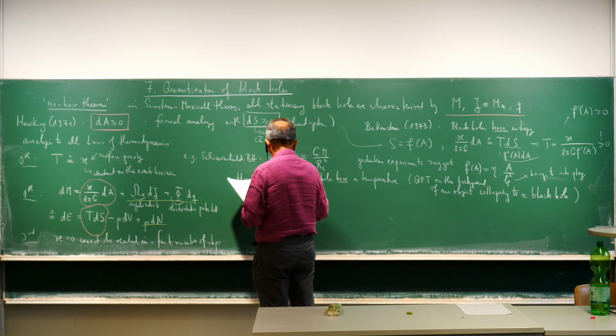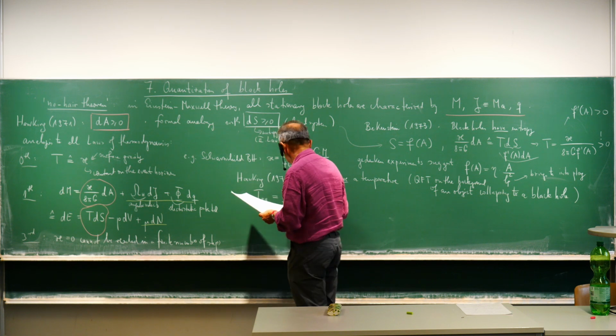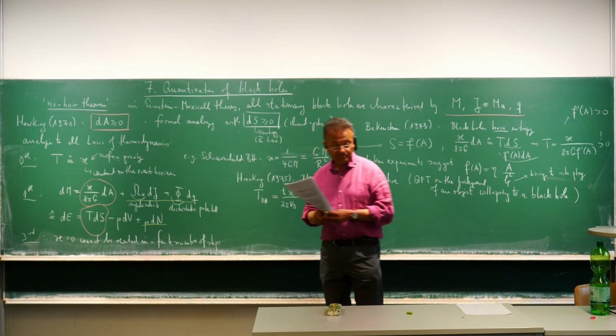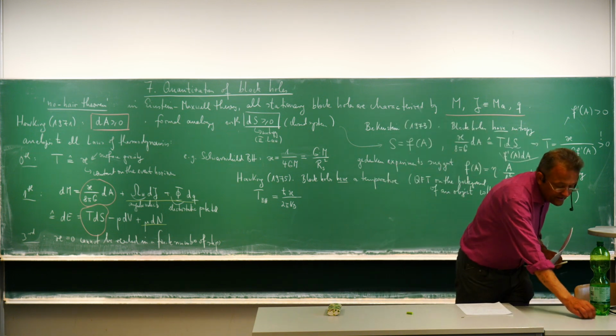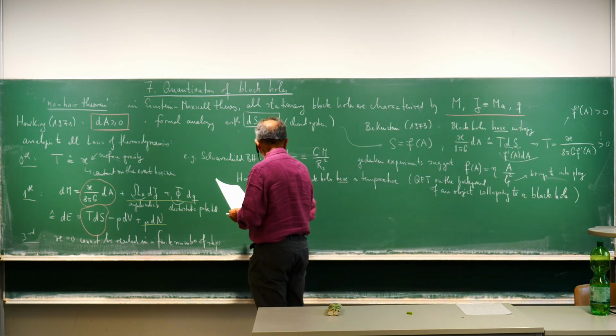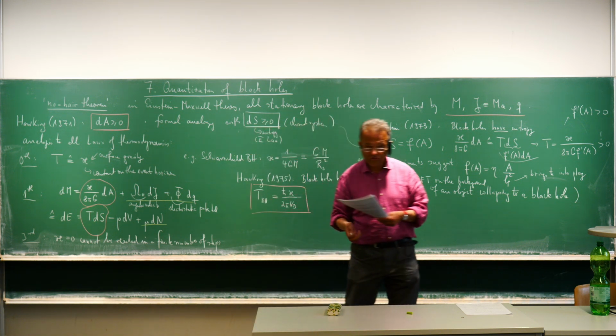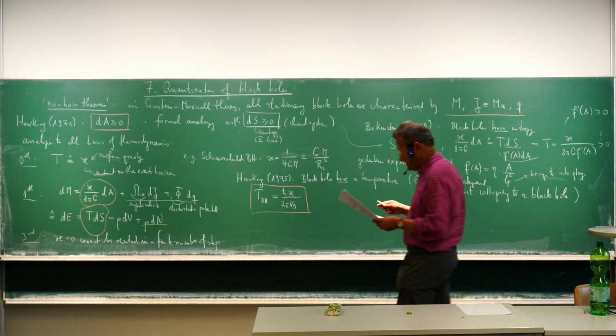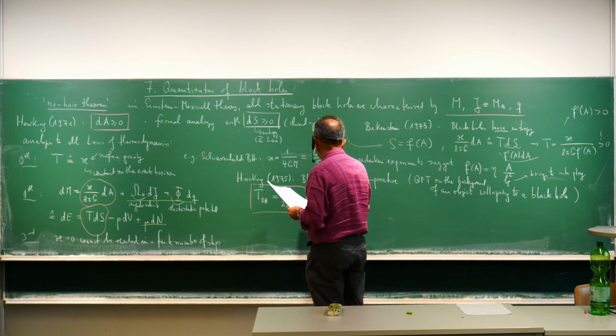It's h bar kappa over 2 pi k, where I now introduce Boltzmann's constant. I think also a c is there, if I'm not mistaken, but let us have c equals 1. So that's the famous general formula for any stationary black hole, not necessarily a Schwarzschild one. That's the Hawking temperature.